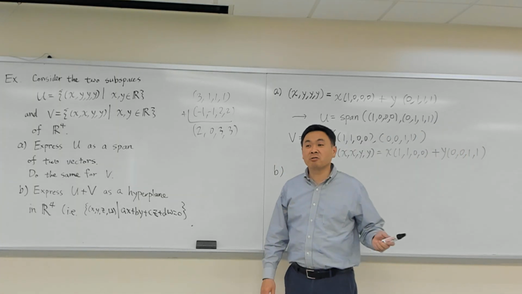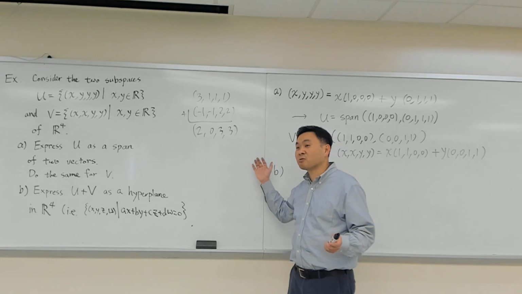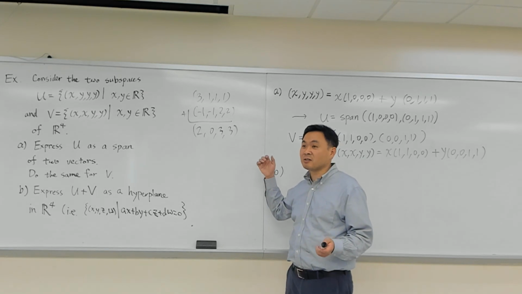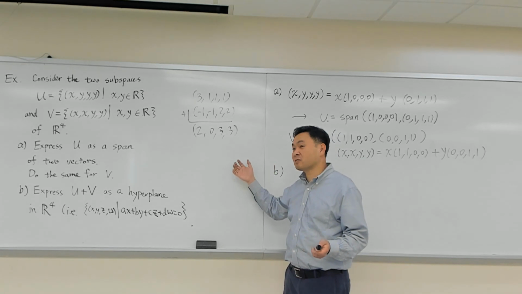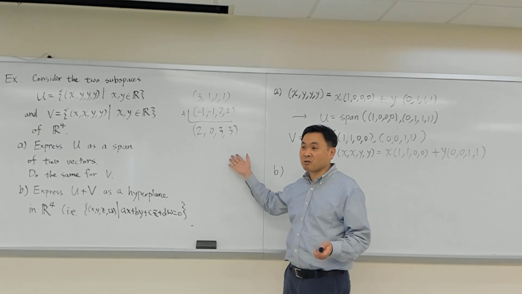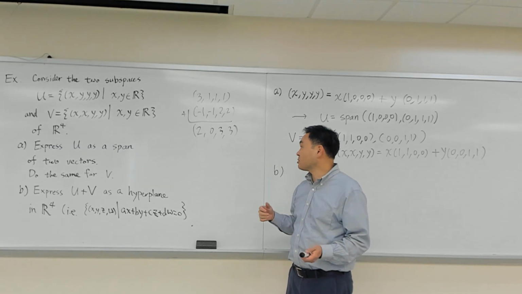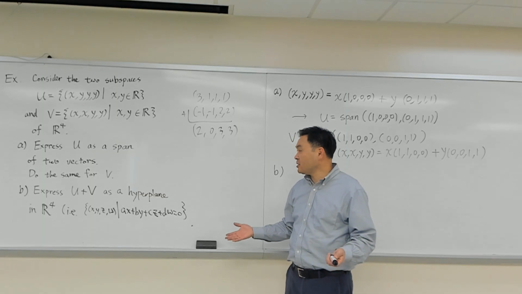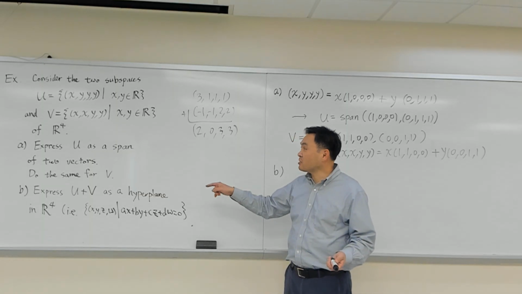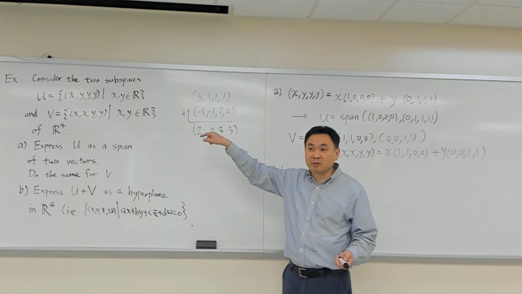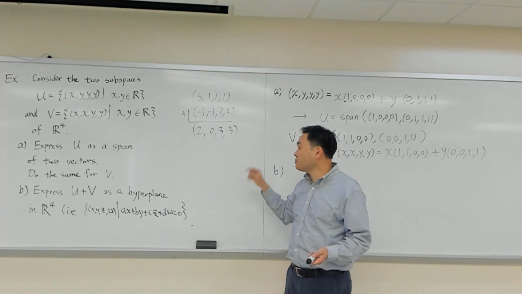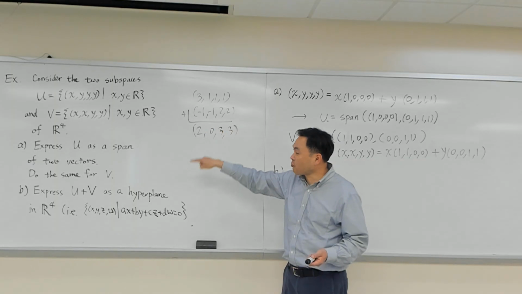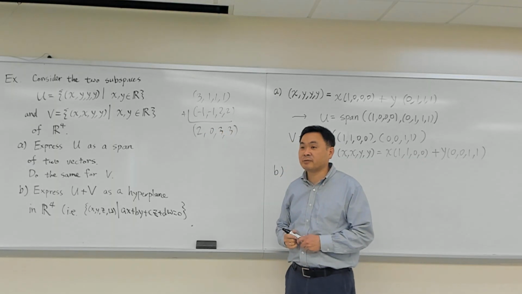Okay, you're not going to learn anything by just staring at what I'm trying to solve. You're only going to learn by saying something, even if it's wrong. So, say something. Does U plus V contain all the vectors in R4? Yes or no? If it's no, give me an example that belongs to R4 that does not belong to U plus V.